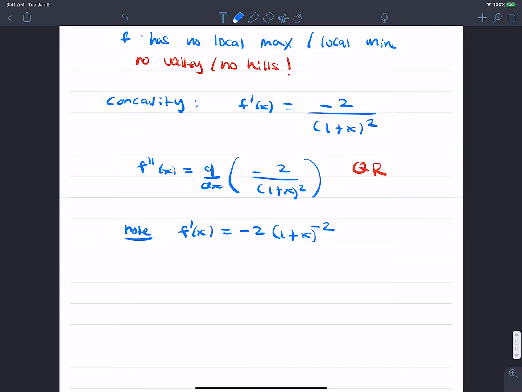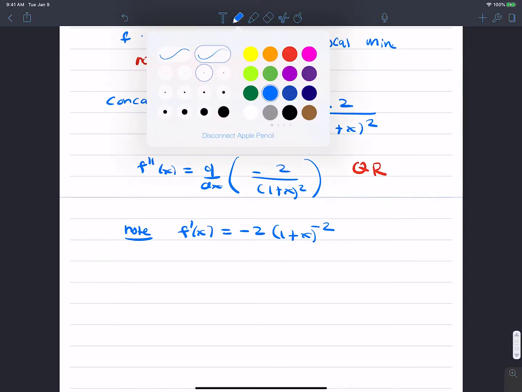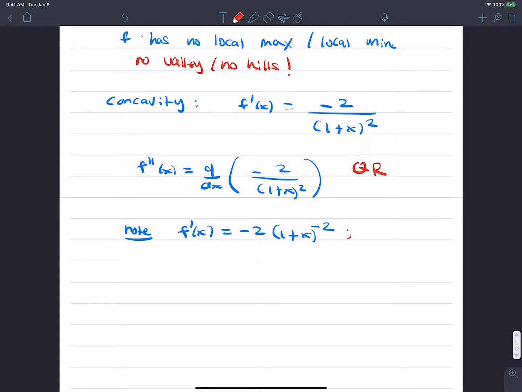Yes. You might say, why would I do that? Well, it might make it a little easier to take the derivative. Now, if you take the derivative, it's really going to be the power rule combined with the chain rule.